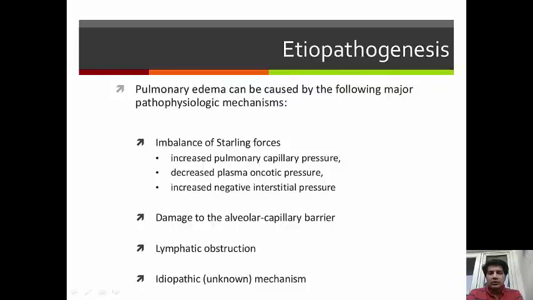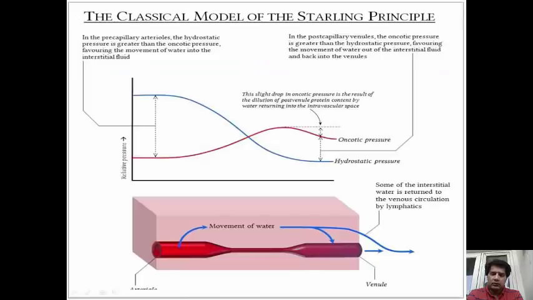Etiopathogenesis. Firstly, let us look at the normal. You must have heard about the Starling principle. So, what is the Starling principle? Simple. You have the fluid, blood here, and that can move out due to increased hydrostatic pressure, or due to decreased protein, or increased lymphatic negative pressure.